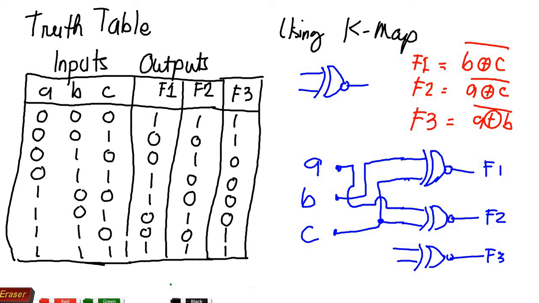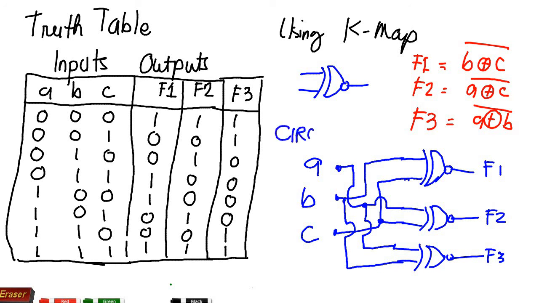That is your F2. And then your F3 is A XNOR B. So from here, we're just going to tap A, XNOR B. Here, we're going to tap B. That is now your A XNOR B. So that is now your equivalent circuit.